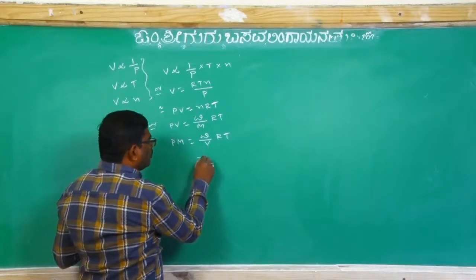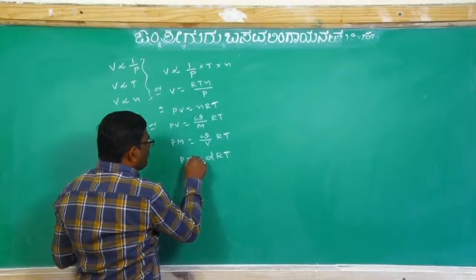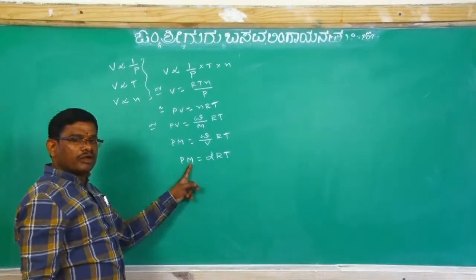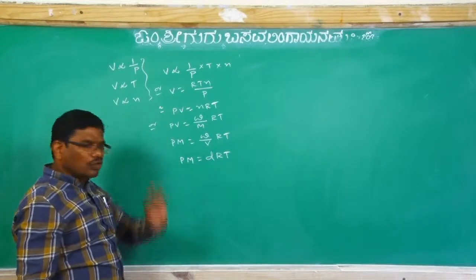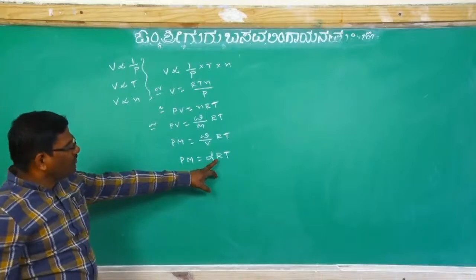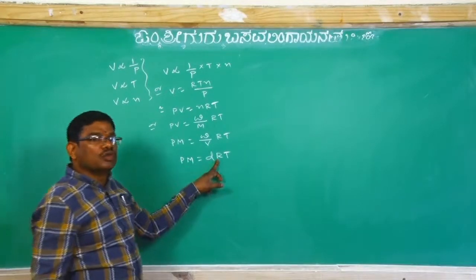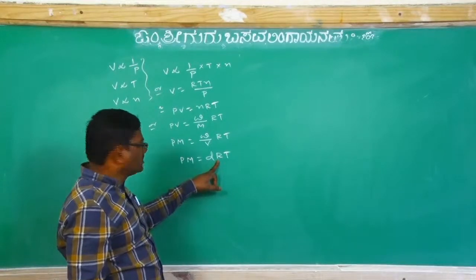Actual mass by volume is d, so dRT. dRT is P into MW. Correct? P into MW, or molecular mass: the product of the pressure and molecular mass of a gas is equal to dRT, where R is a gas constant, universal gas constant, or ideal gas constant.